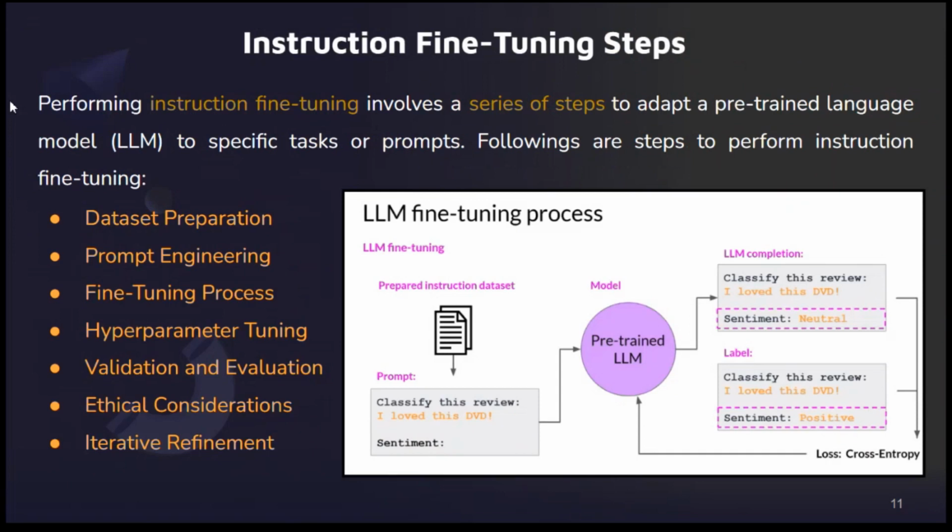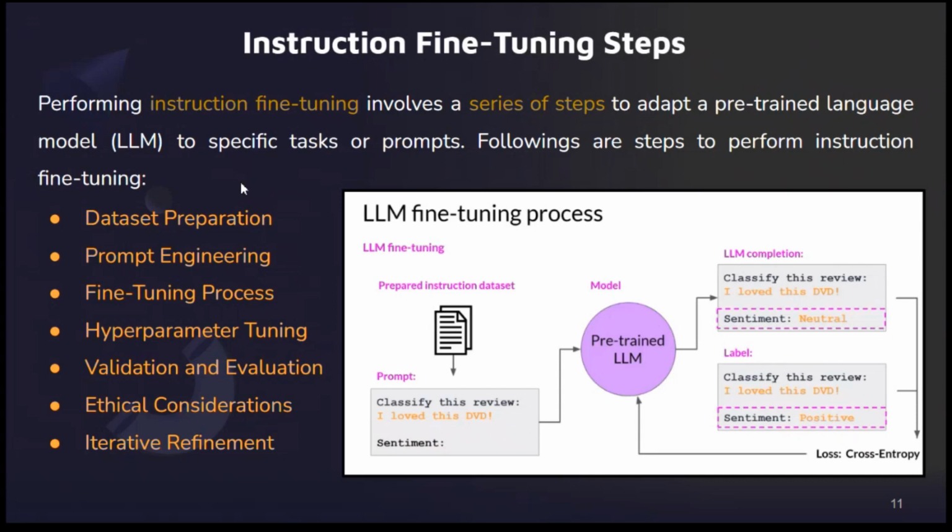And then we have instruction fine-tuning steps, like how we will do instruction fine-tuning or what kind of steps are included in this whole process. All right. Let's get down to the nuts and bolts of instruction fine-tuning. There are several steps involved in adapting a pre-trained model for specific tasks.